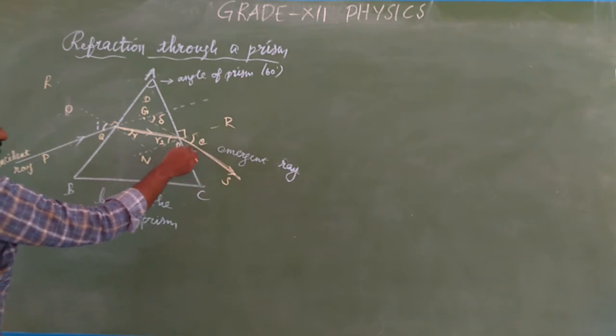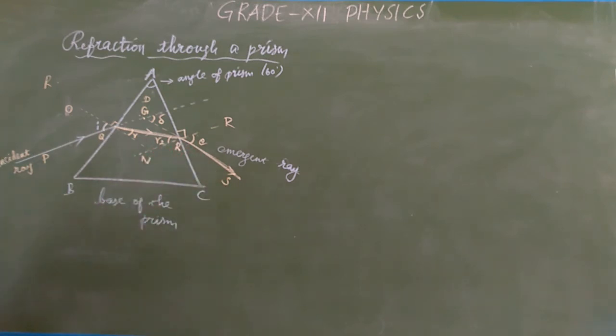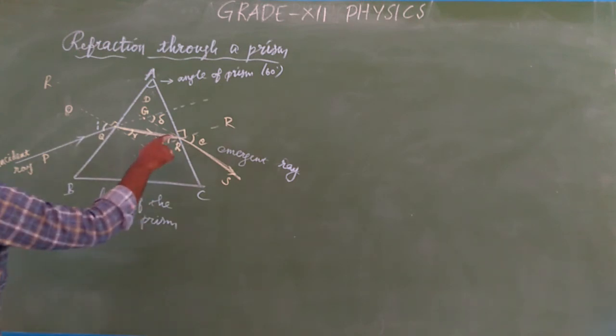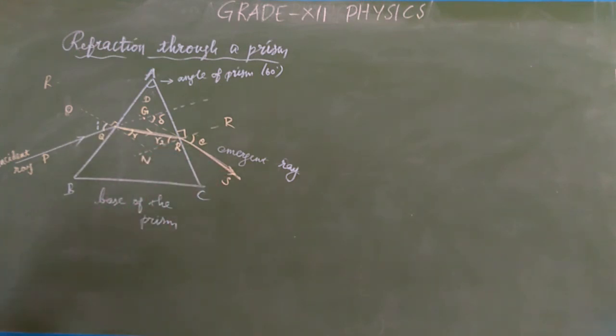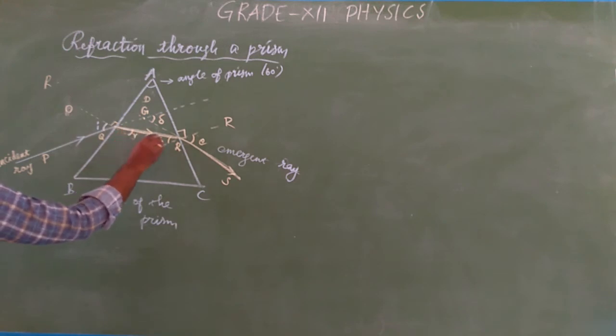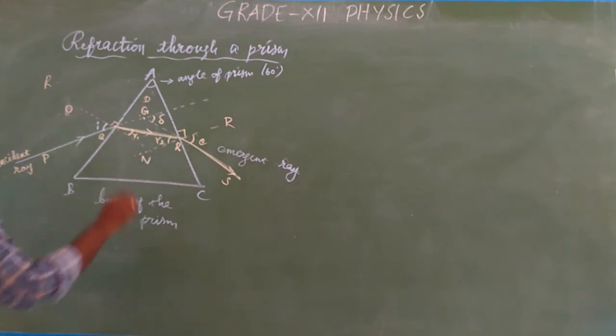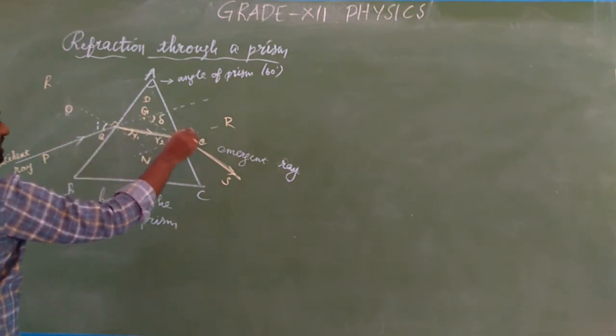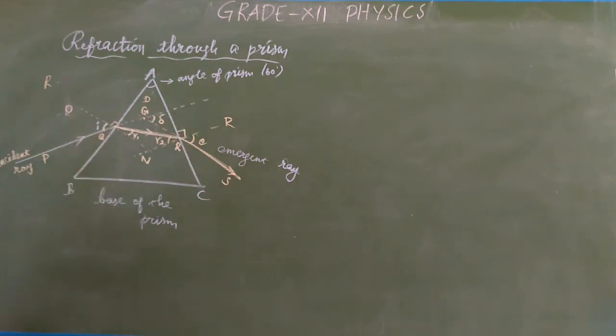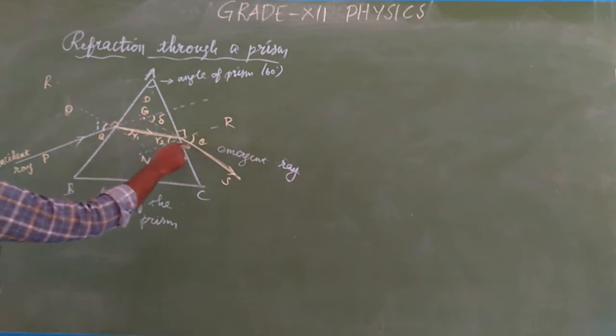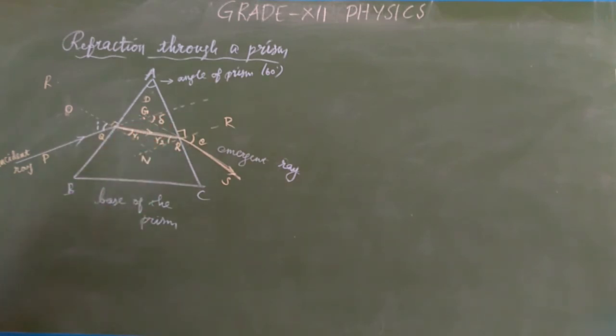The incident ray makes an angle to the normal, the angle of incidence; the emergent ray makes an angle to the normal, the angle of emergence; and the refracted ray makes angles to the normal, the angles of refraction R1 and R2. The actual incident ray and actual emergent ray meet at a common point and it gets deviated. This is called the angle of deviation. I hope you are clear.